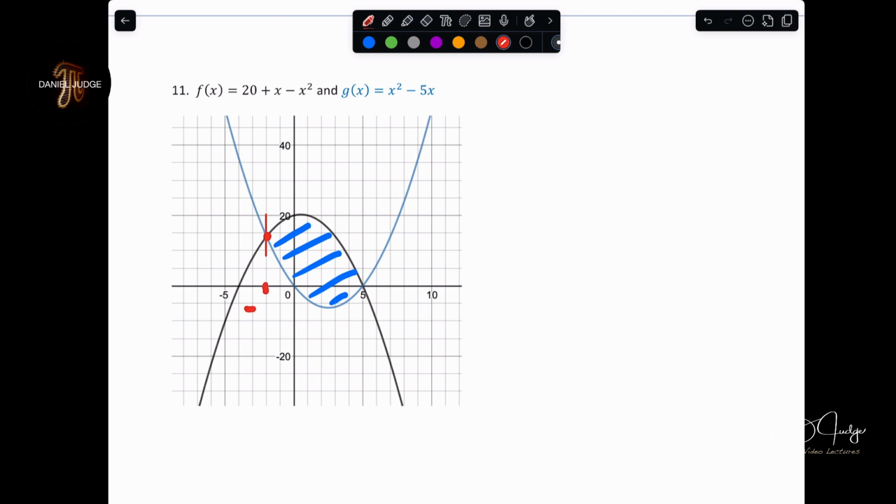Looks like down here, this will be a -2. And a point of intersection here. You can see that. Looks like that's 5. So I guess I can say here x is 5, and over here x is -2. There we go.